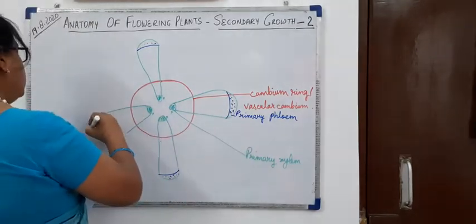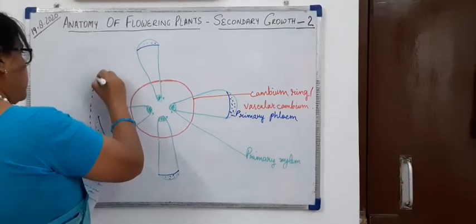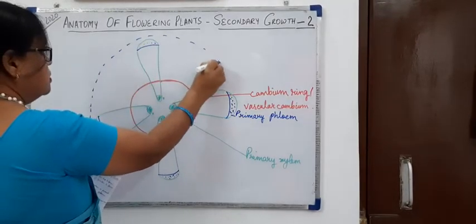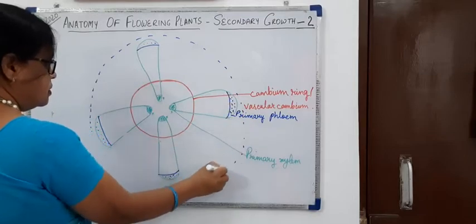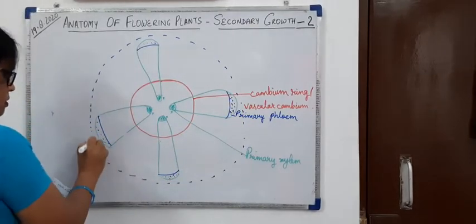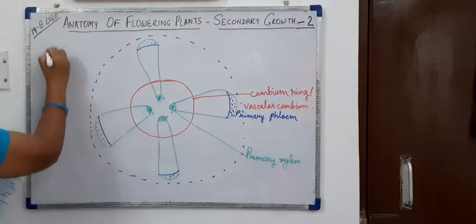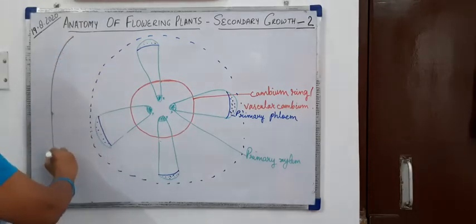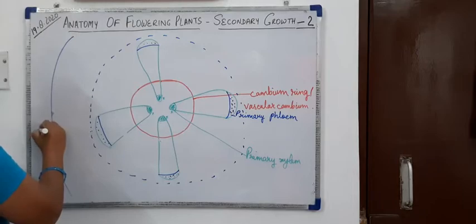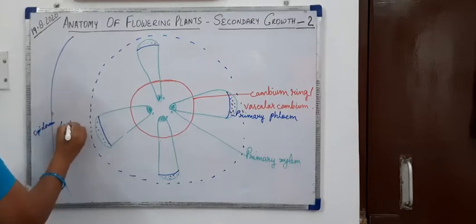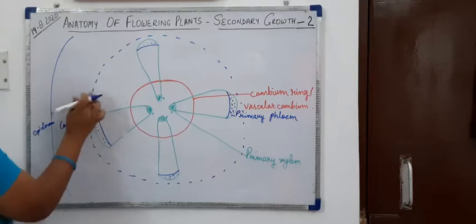and this will be the endodermis, and outside there will be the cortex, then epidermis. This will be the cortex, and this is the stele.